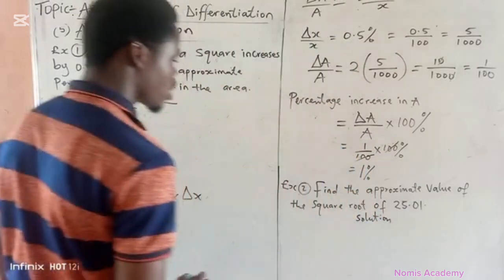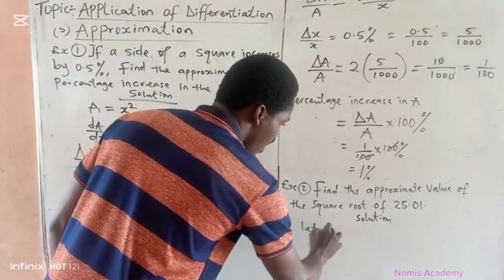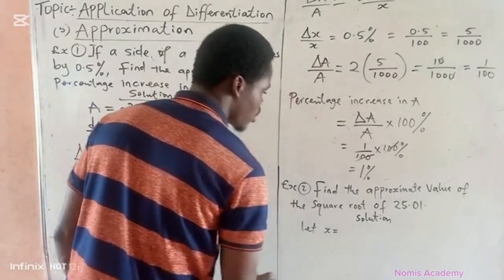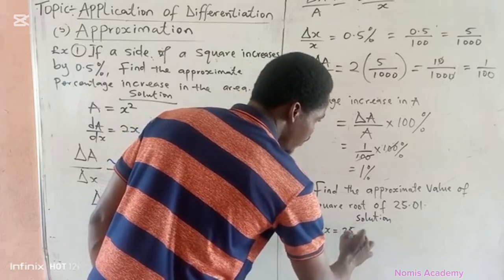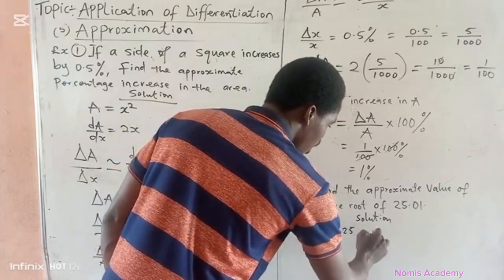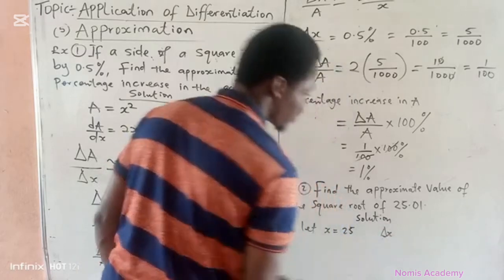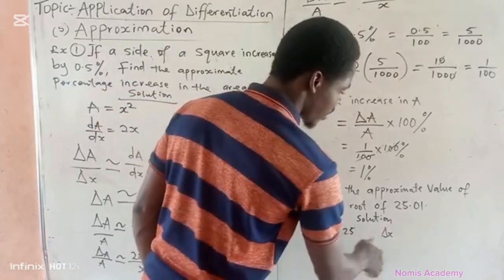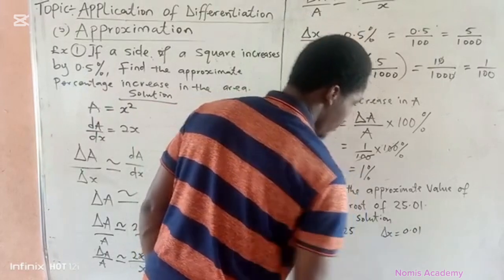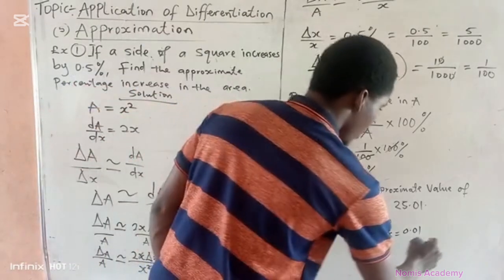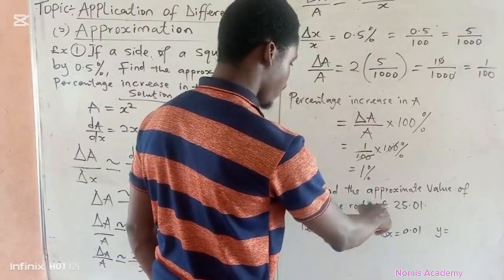Solution. At this point, we say let x equal 25 and then the change in x, or delta x, is equal to 0.01. And then our y is equal to the square root of x.